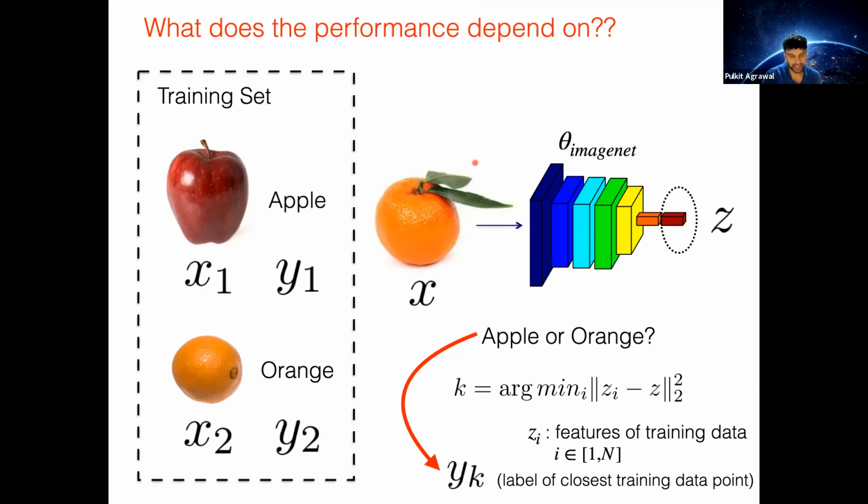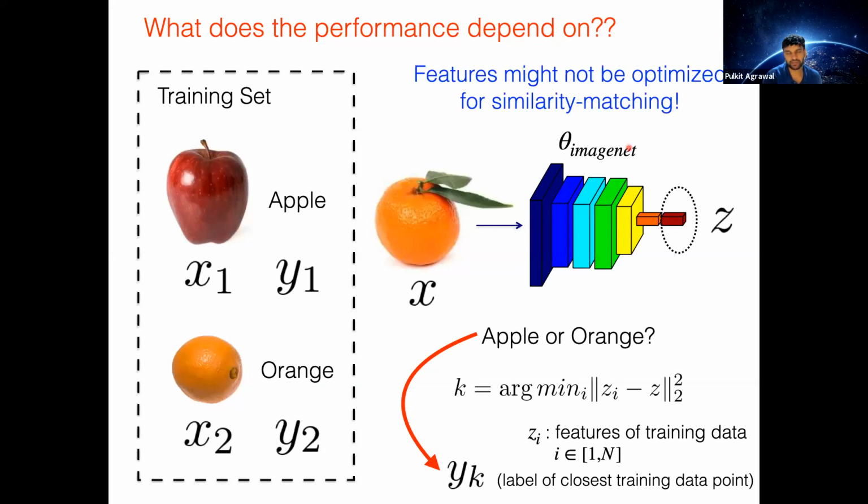So as was pointed out, whether nearest neighbors works or not really depends on the features, right? For example, if I'm doing image classification, we do not really care about the location of the object in the image, where the dog is, or where the cat is, or where the orange is.